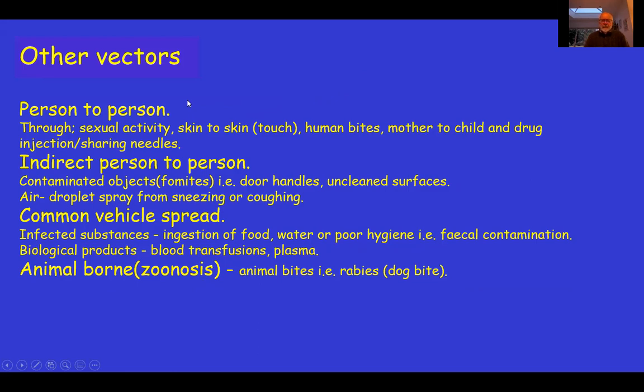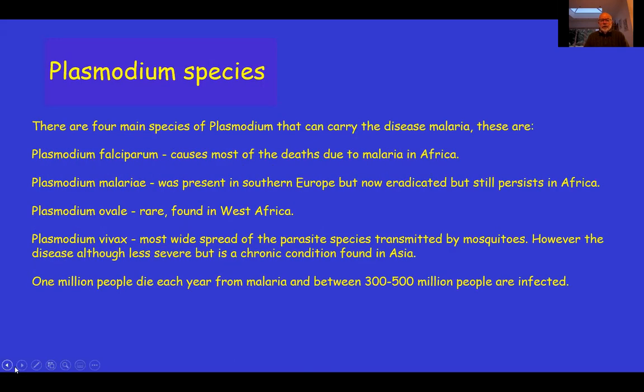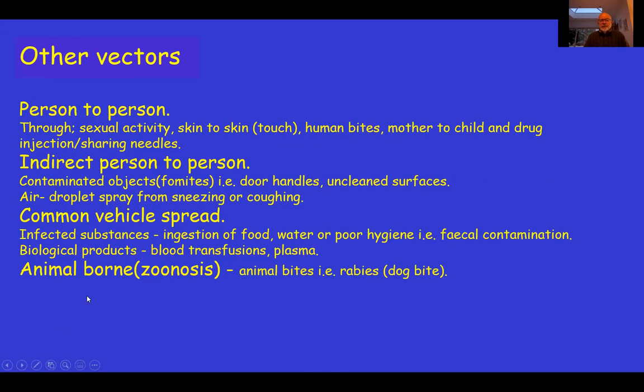Other vectors. There are other vectors in that you've got person to person. Some of these are through sexual activity, so things like gonorrhea, syphilis, herpes. You can have skin to skin.